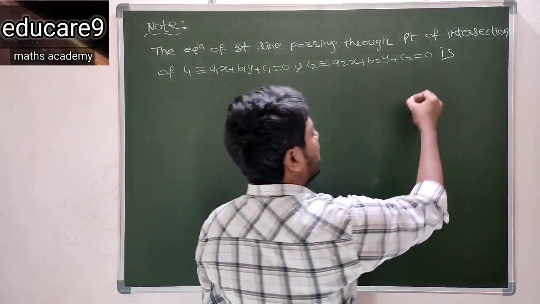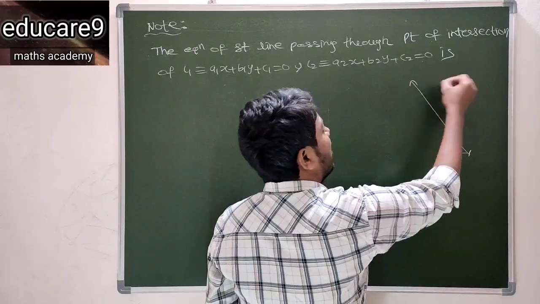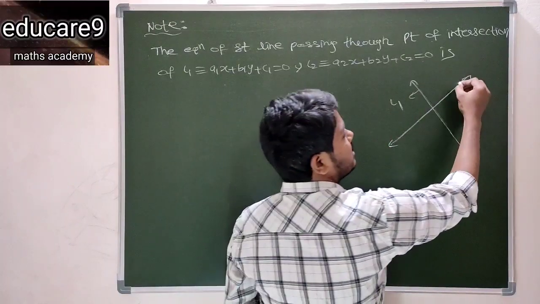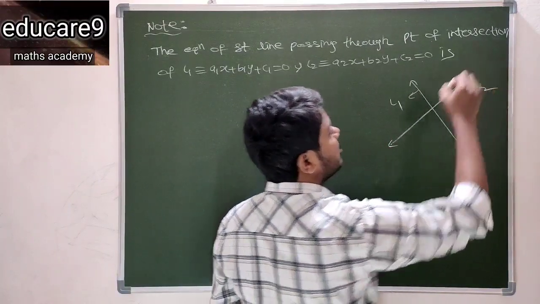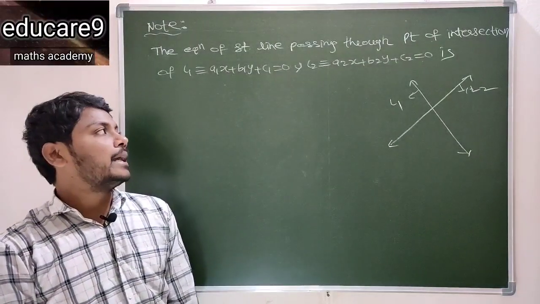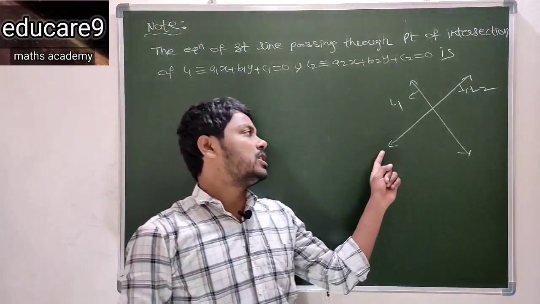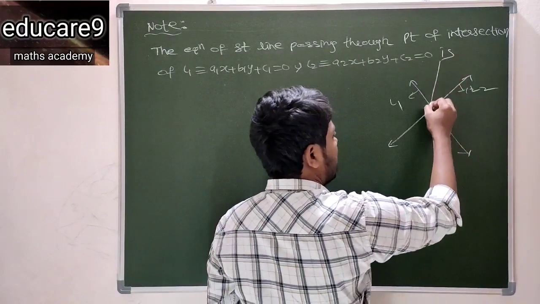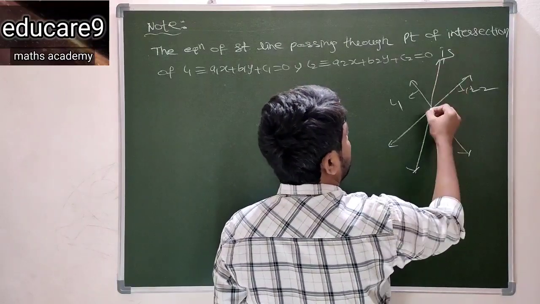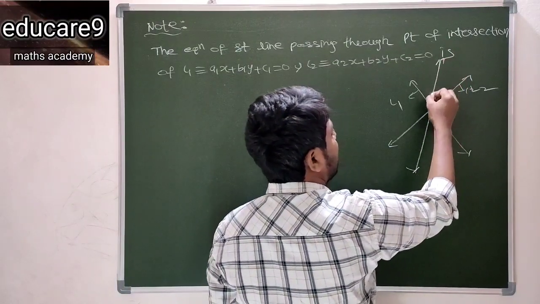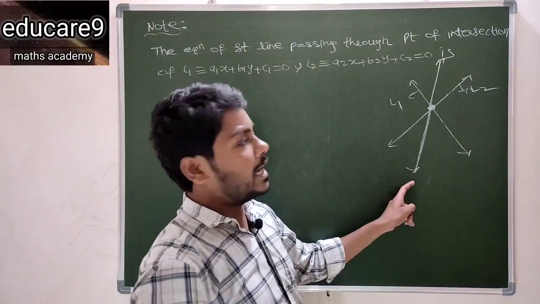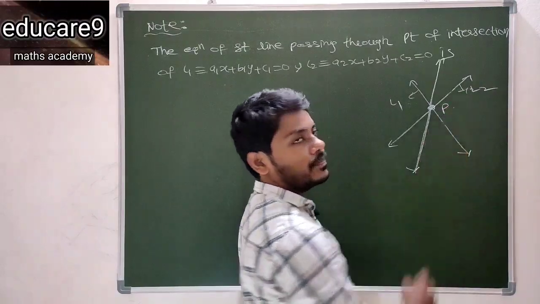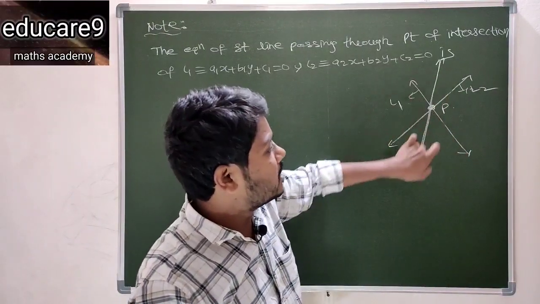See here, these are the L1 and L2 lines. Now you need to write the equation of the straight line passing through the point of intersection of these lines. This is the equation of the required line. Clearly that line passes through the point of intersection of L1 and L2. Then you need to find this equation.